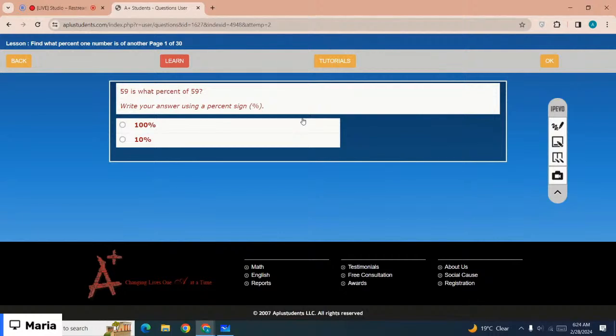Yes, 100%, right, because they both are exactly the same values. So if you think logically, that means 100% it is, right?